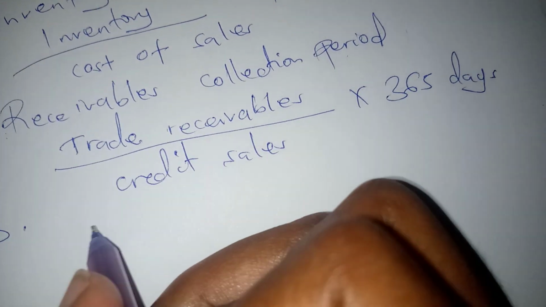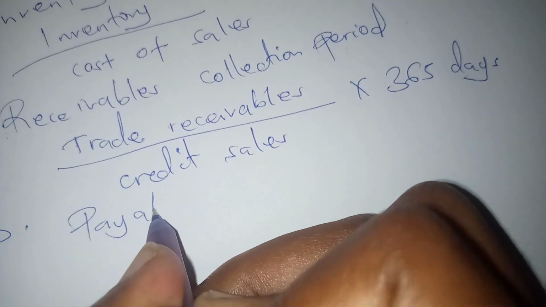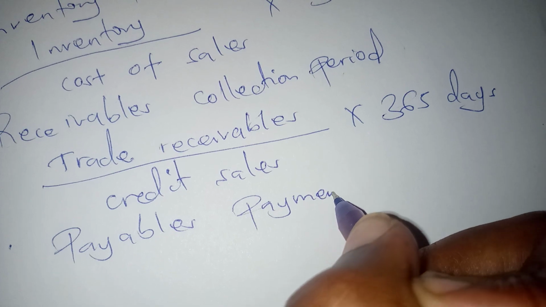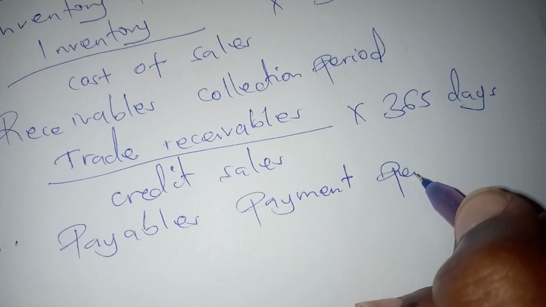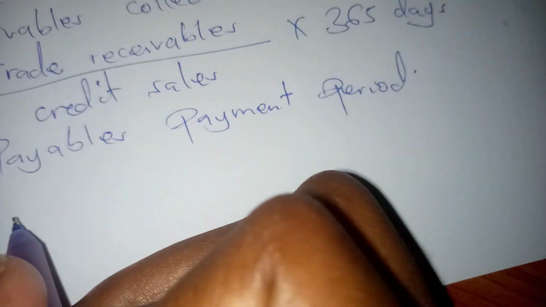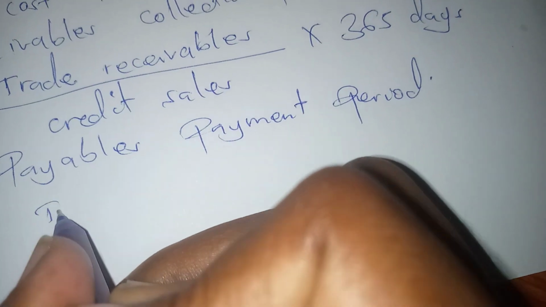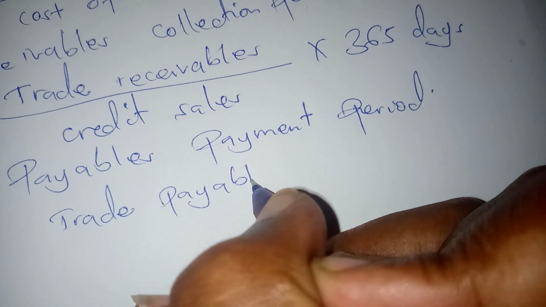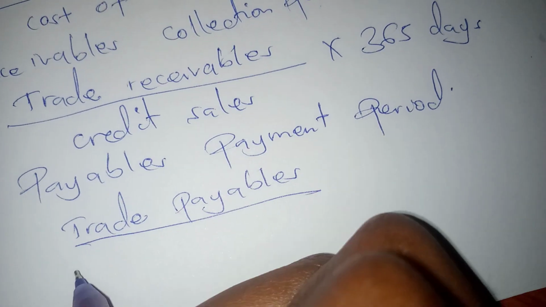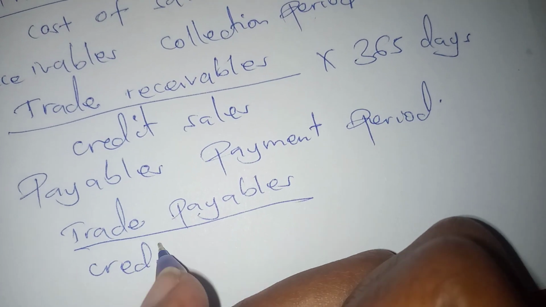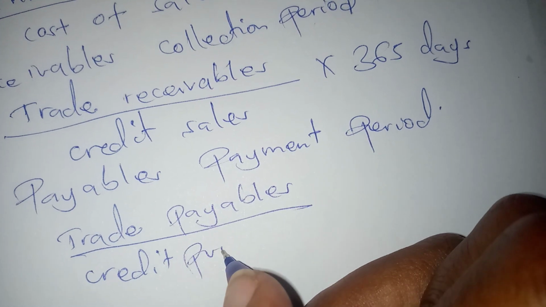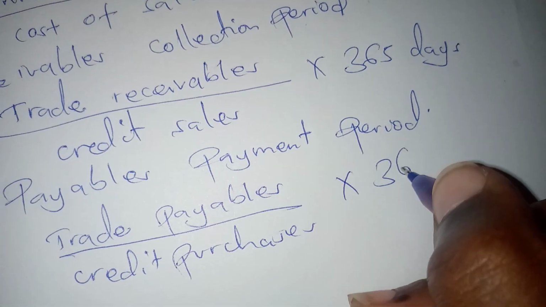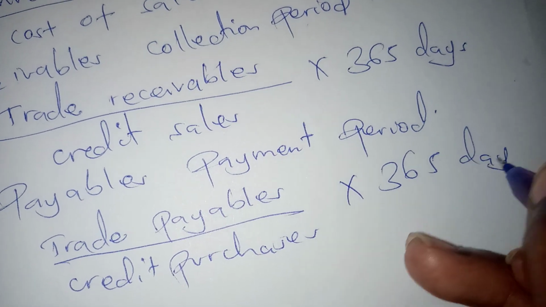Then the third one we have is the payables payment period. Here the formula is trade payables divided by credit purchases times 365 days.